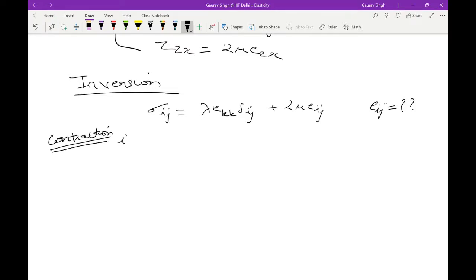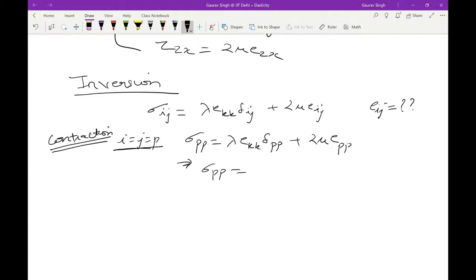Put i equal to j, and to not confuse with k, just put a p. So sigma pp is equal to lambda e_kk delta pp plus 2 mu e_pp. This would imply that sigma pp is equal to 3 lambda e_kk, because delta pp is equal to 3, plus 2 mu e_pp.